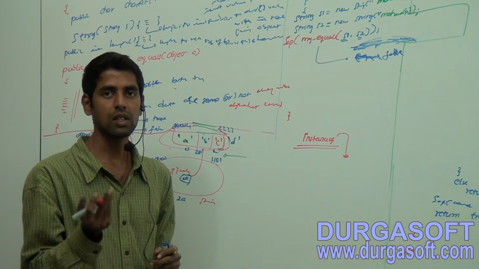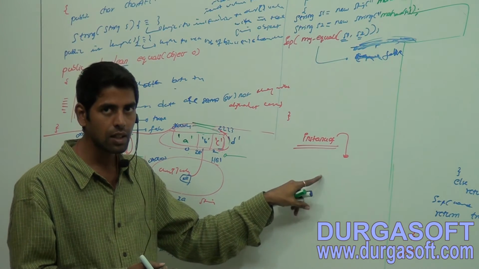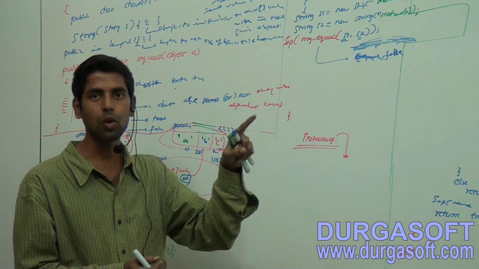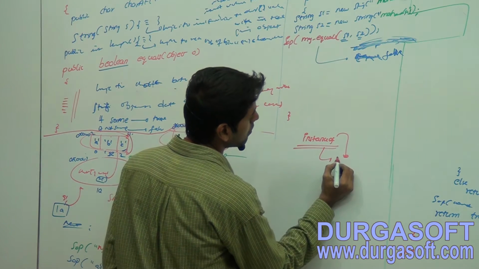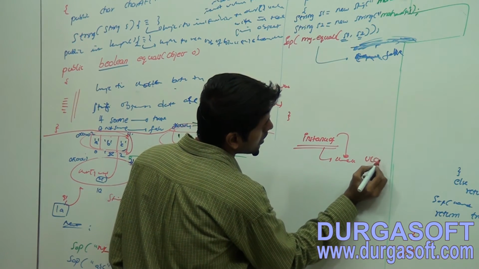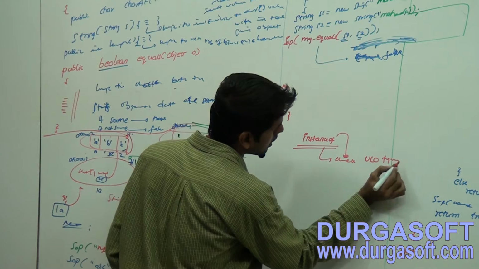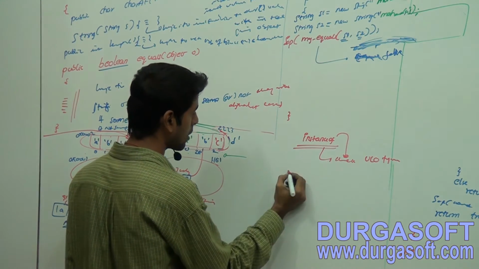Like that, they have treated this word as the operator. What is the main advantage of this operator? It will check underlying object type.